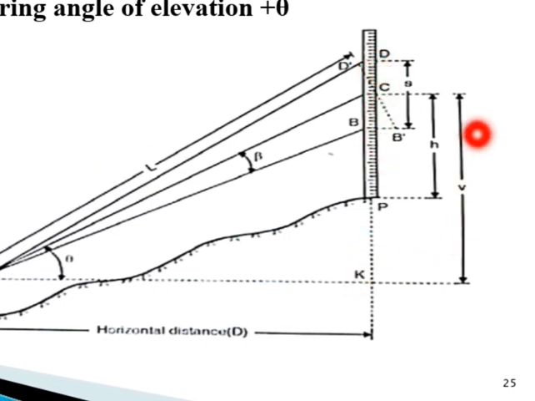CK is equal to V, which is the vertical distance from the instrument axis to point C, or the central hair reading.